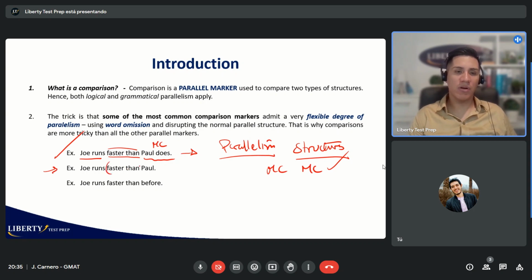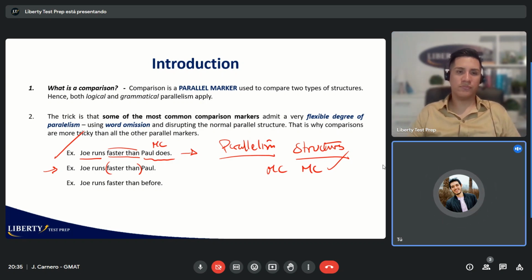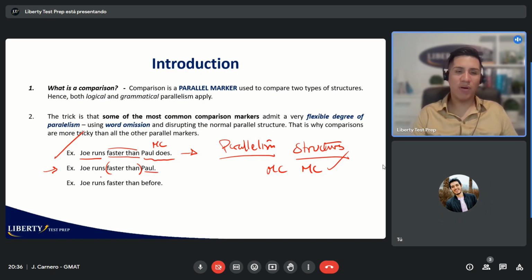What about number 2? Can you analyze that parallelism? Okay. So faster than, on the left is again the main clause, and on the right there's only the noun. Is this parallel?